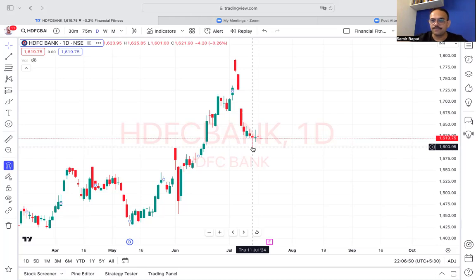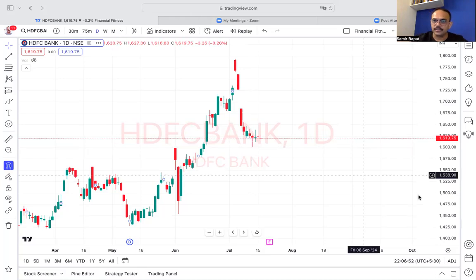Everyone clear? Okay, so Gauri is asking, is this a daily chart? Yes, this is a daily chart. Same concept is applicable on minute chart, 5-minute chart, 15-minute chart, weekly chart, monthly chart, everything it is same. Okay, so any other questions in this?